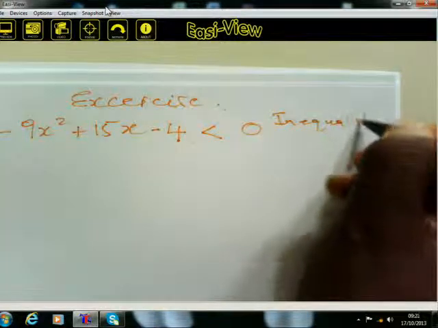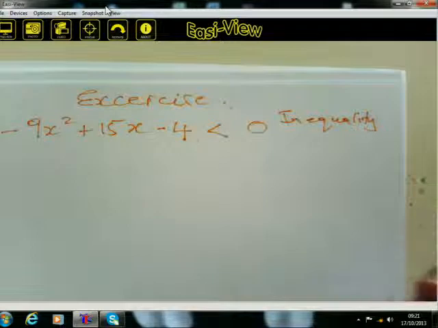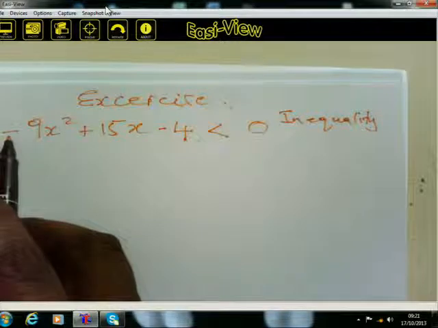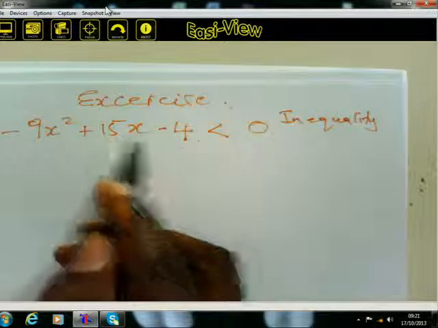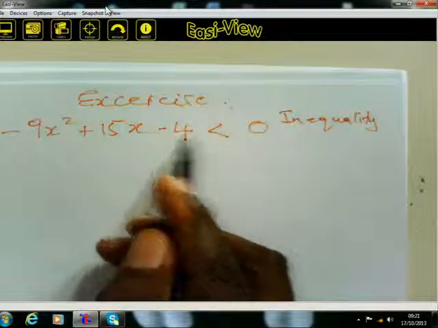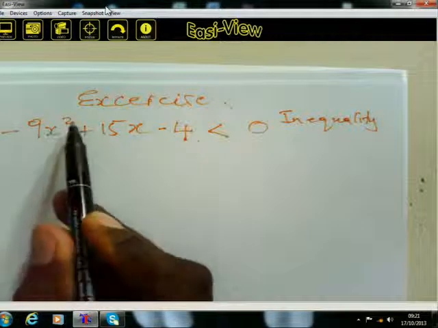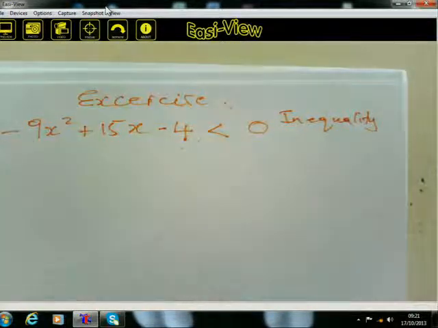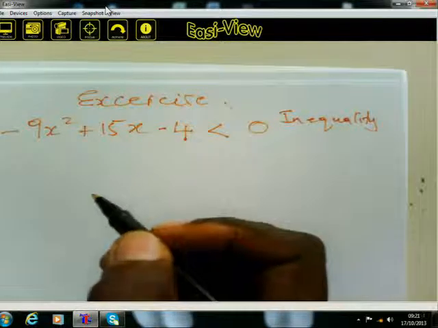If it be an inequality, then we are just going to work it like this. When I look at the coefficient of x squared, it is negative 9. Now, what is going to happen is this.